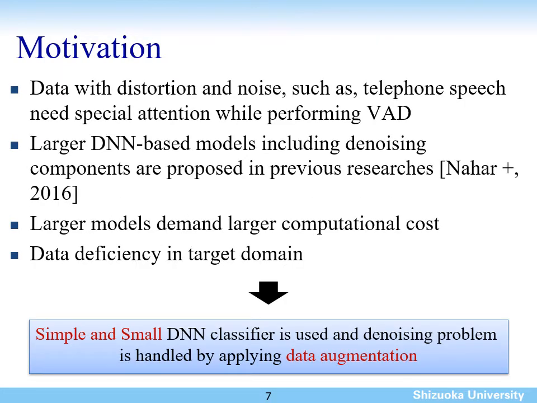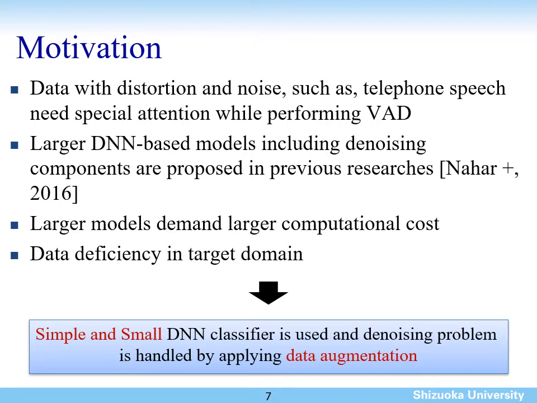As stated in the previous slide, DNN-based methods of VAD perform better, but the performance is often evaluated for clean speech. If the data contains distortion and noise, such as telephone speech, then they need special attention while performing VAD. There are larger DNN-based models to address this problem.